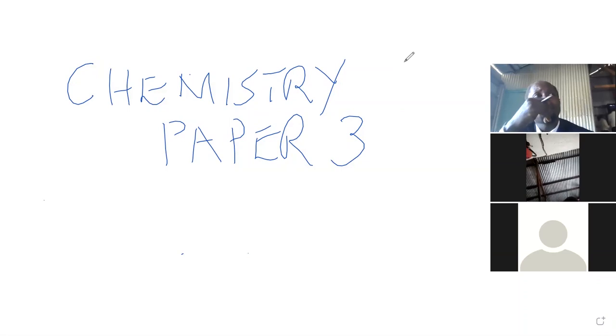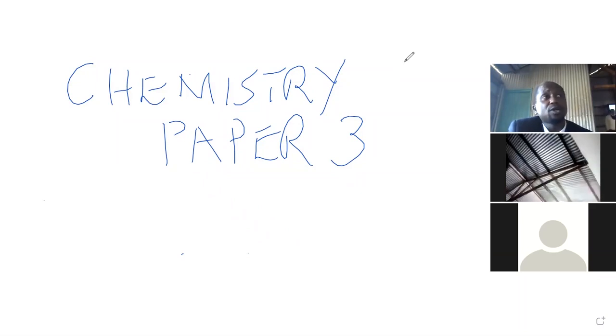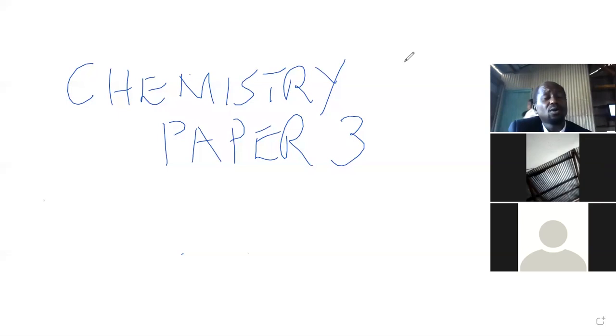Now, we have the practical that has 3 questions normally, or 2 questions. But before I go to the practical, it's good to know how the 3 papers contribute to your overall grade in the national exam. Paper 1 and paper 2, when you total the 2, they total 160 marks.